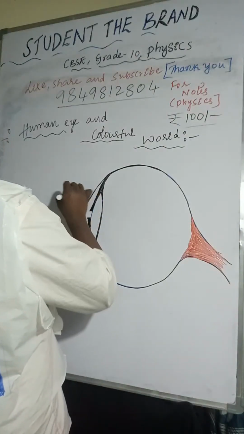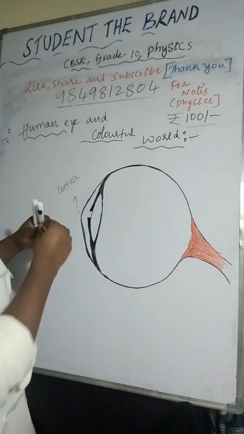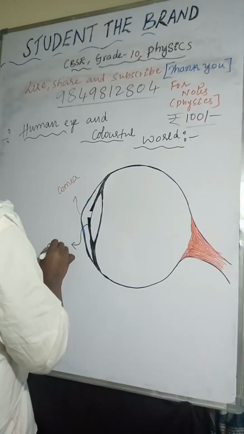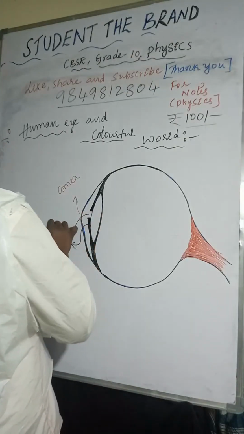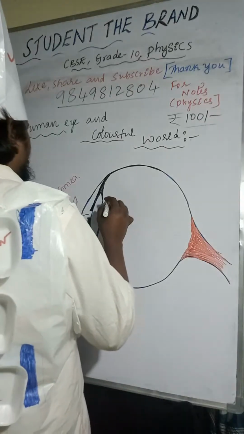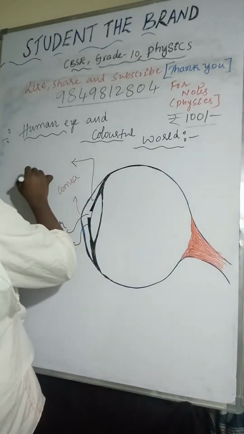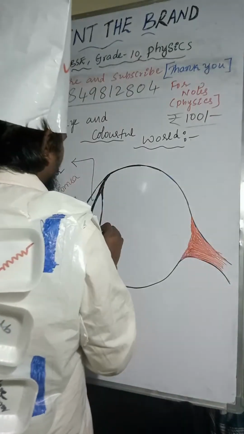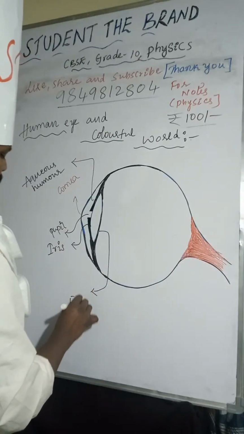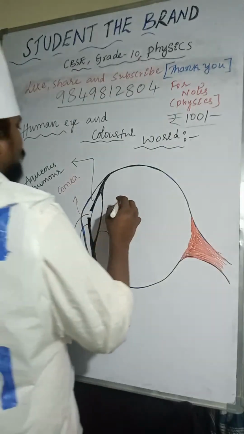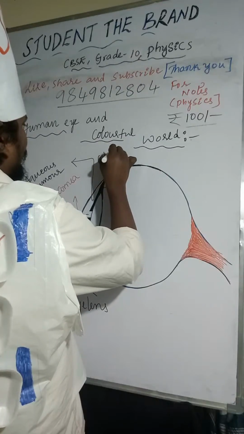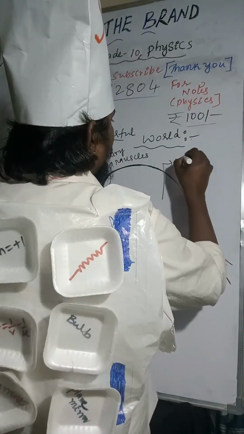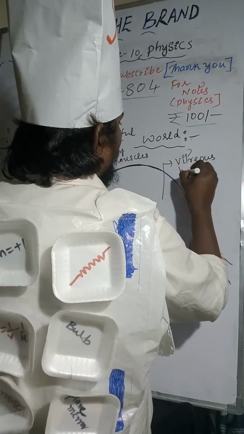Then iris, pupil, aqueous humor, lens, and ciliary muscles.